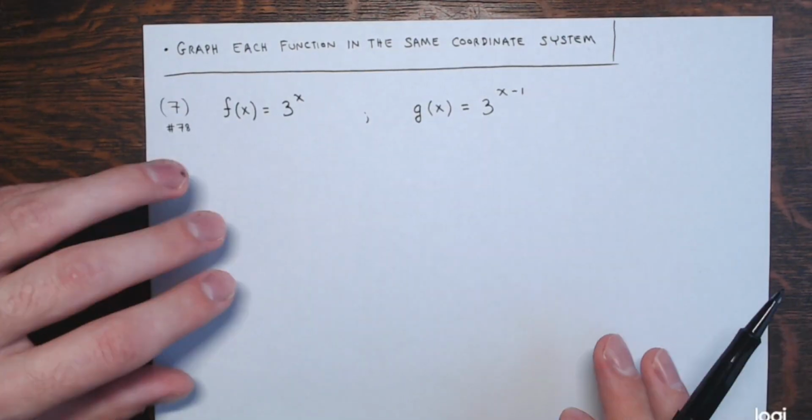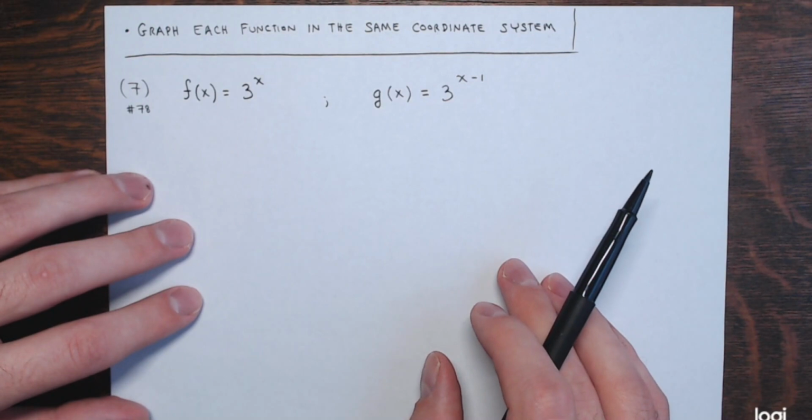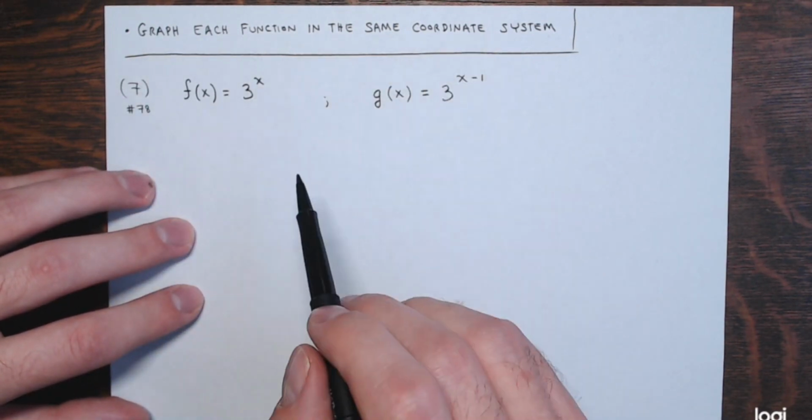So now I'm getting into some different powers. So far, every single graph we've had to make has been for an exponential function where the exponent was just x. But that's not always the case. So here, in the next section of exercises, I'm asked to graph each function in the same coordinate system.